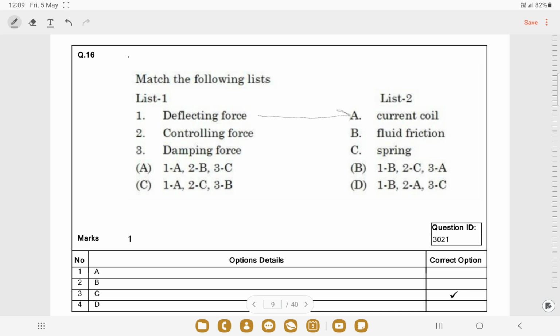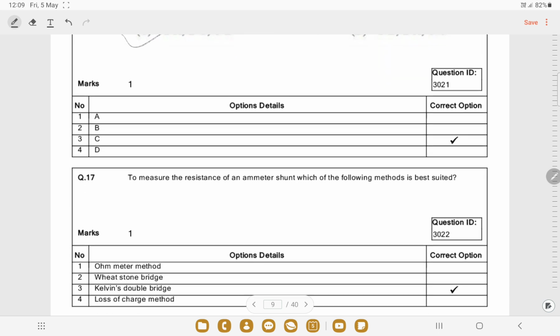We have two types of controlling force, one is spring control and another is gravity control. We have here only spring, so controlling force will be spring. Now the damping force is used to damp the oscillation of the pointer. We have different types of damping force like air friction, fluid friction, eddy current friction and electromagnetic friction. The option given here is fluid friction, so this is the correct one. So from the options we will have option C as the correct one.